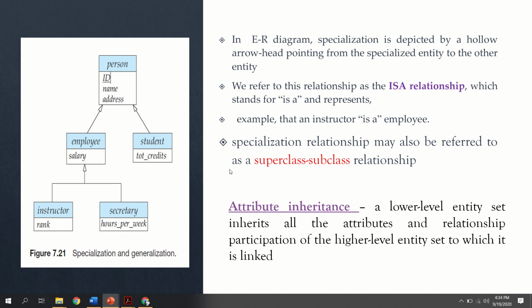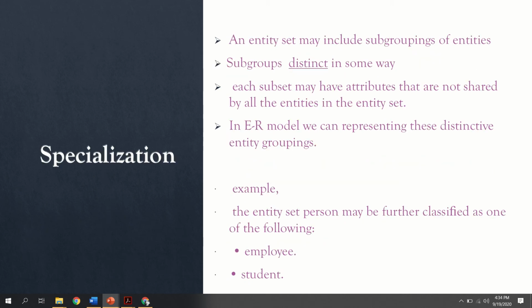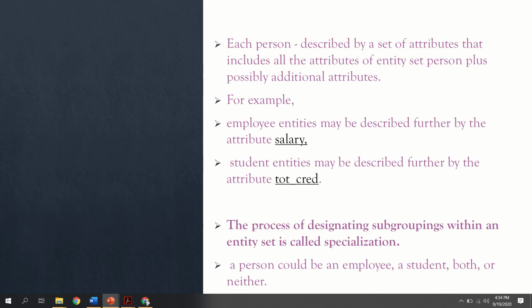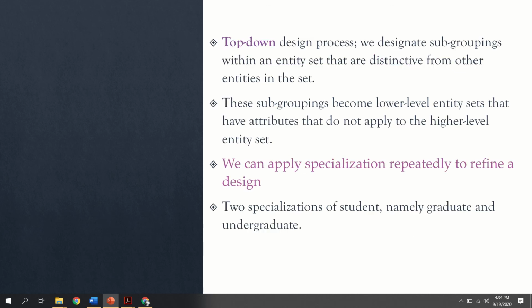We said a specialization is a top-down approach. It will try to subgroup an entity set based on a certain property. With the help of an example, we explained the concept. There will be at least one property or attribute which differentiates.